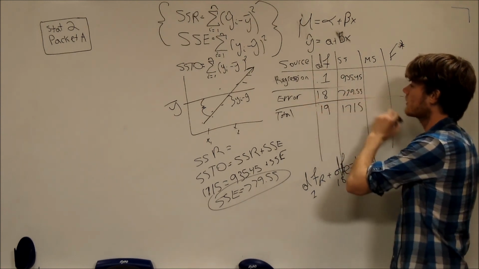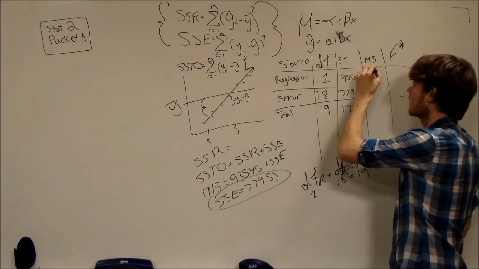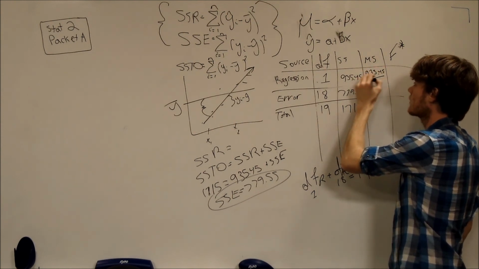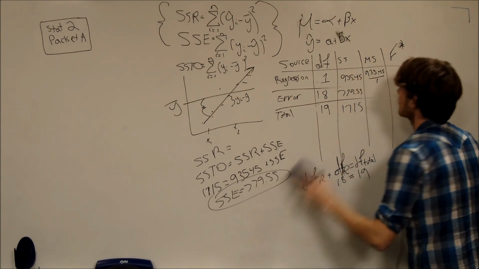So you divide each of these by their degrees of freedom. So 935.45 over 1 obviously equals just 935.